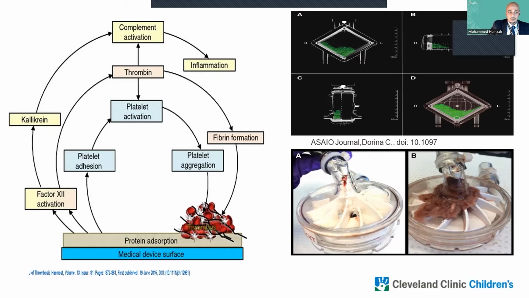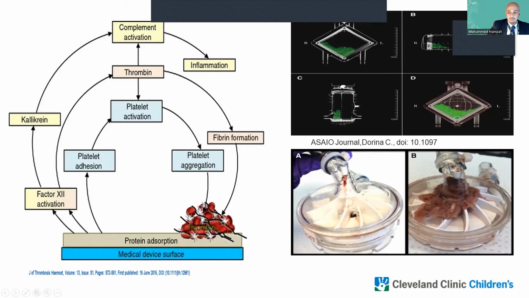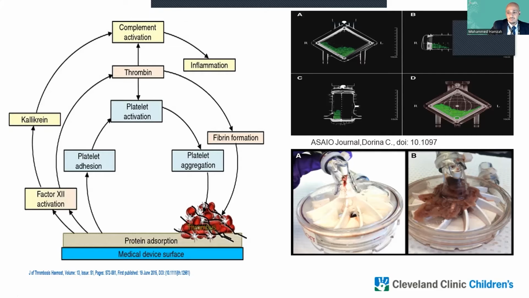So as thrombin is formed, it will also promote platelet activation. The platelet aggregates deposited on the surface are stabilized by fibrin strands to form that platelet-fibrin thrombus.